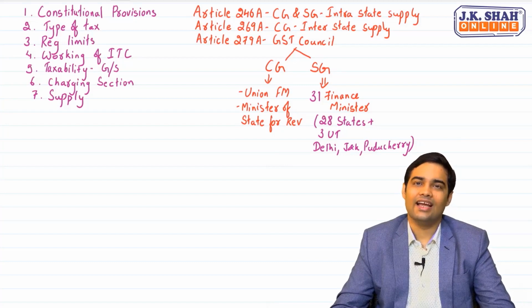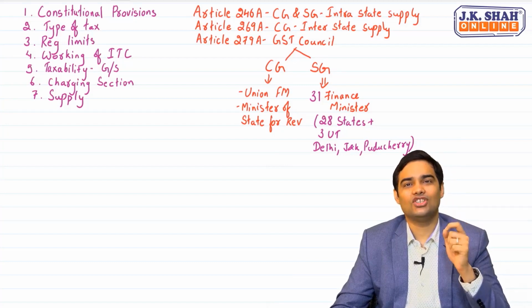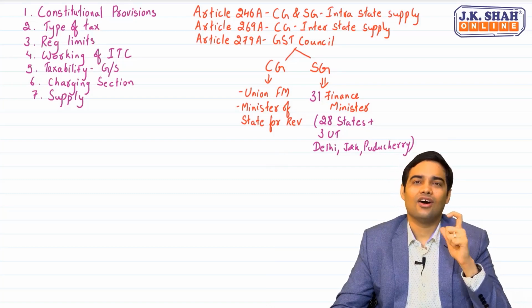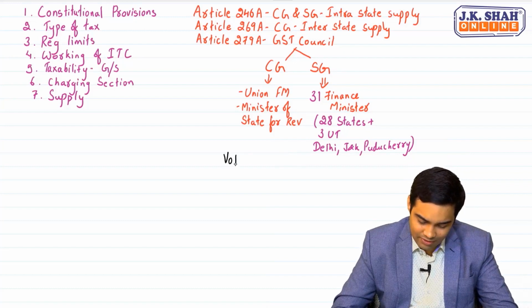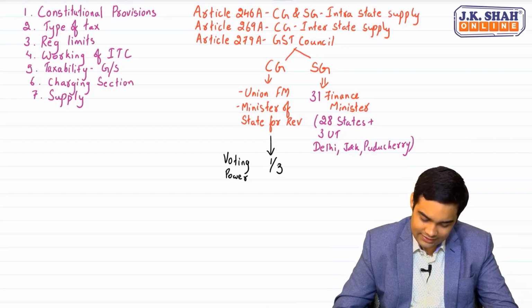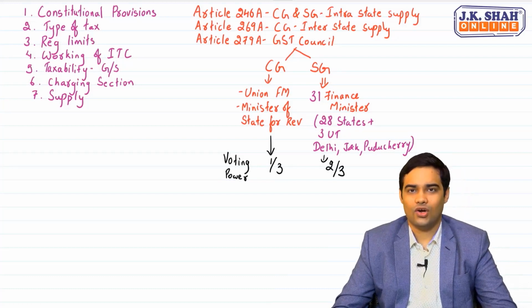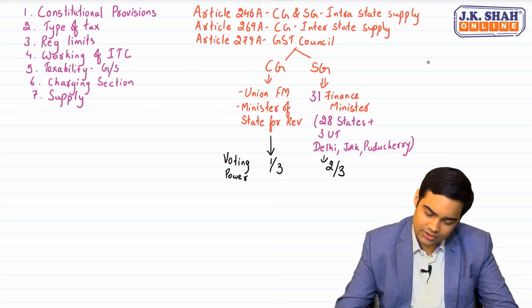And that's why the required majority and power also signify this. Let me tell you what is the voting power. The voting power of central government is 1/3, while state governments enjoy 2/3 overall. If I were to just do a simple math, 2/3 is 66.67%.